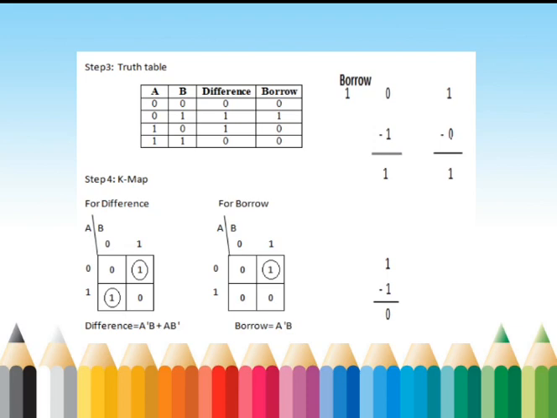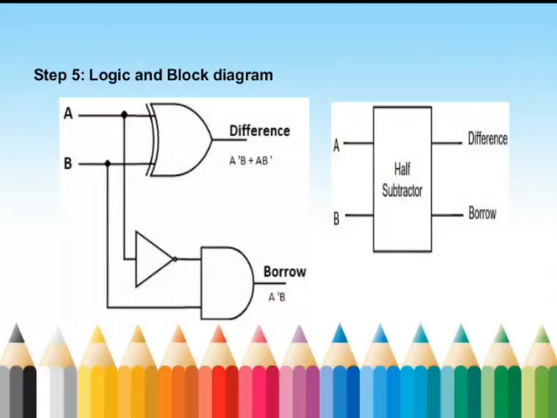To convert these logical expressions into a logic diagram, by seeing the expression of difference itself, it is the operation of XOR. So simply we need one XOR gate with the input variables A and B to get the difference output. In the case of borrow, it is A prime B, so we need to implement one inverter on the A line.